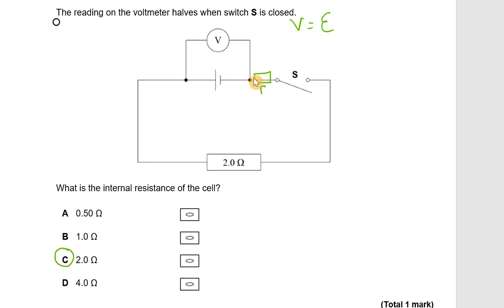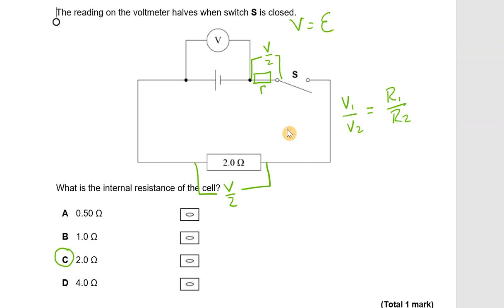So that means half the EMF will be across the internal resistance, and half the EMF will be across the external resistance. Well, the ratio of the PD across components is the same as the ratio of their resistances.